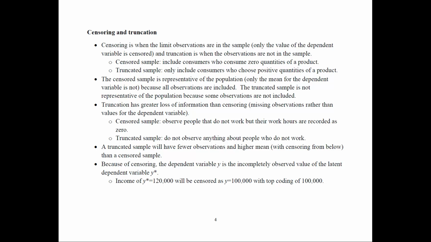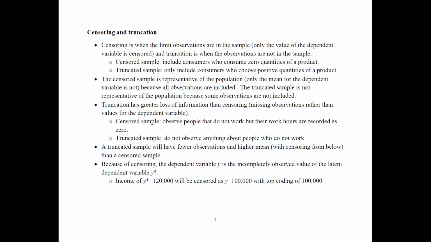Also, the last point that I have here is that because of censoring, the dependent variable y would be an incompletely observed value of the latent dependent variable y star. So when we have an income y star of 120,000, that will be censored as y equals 100,000 if we have top coding of 100,000.